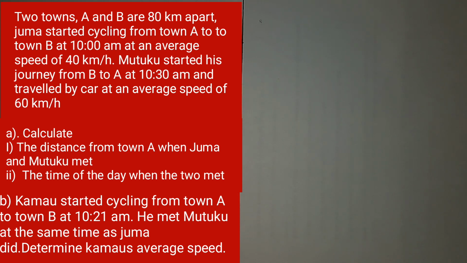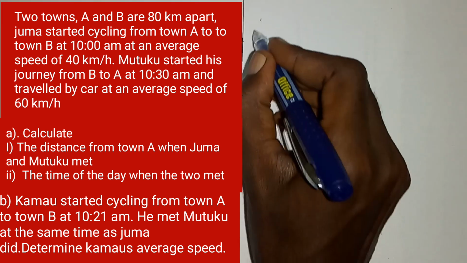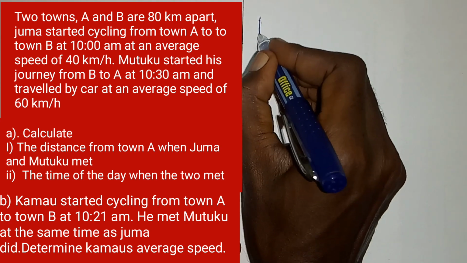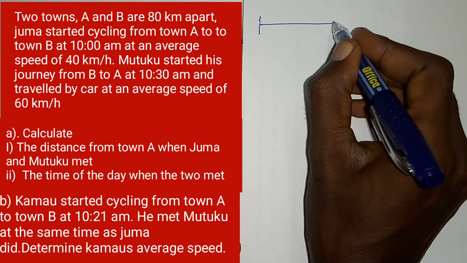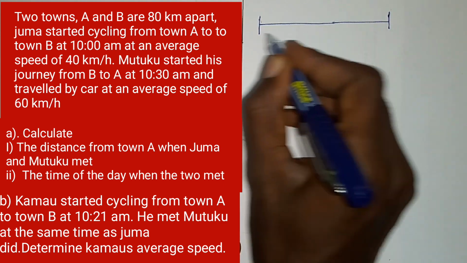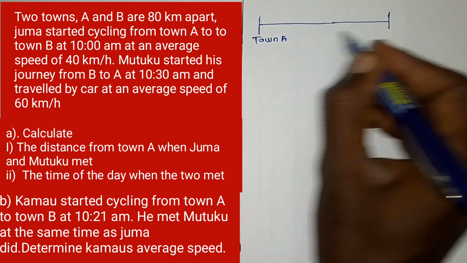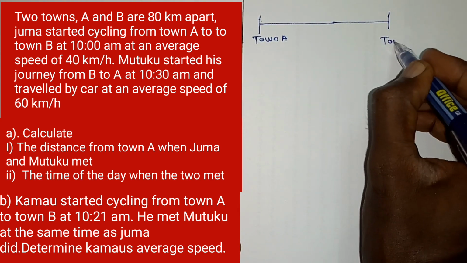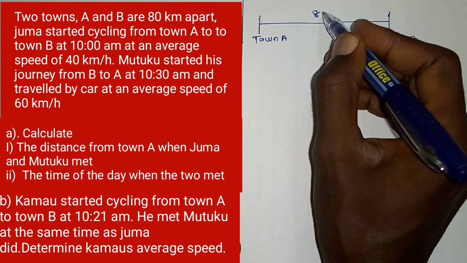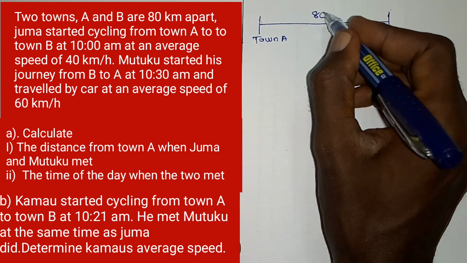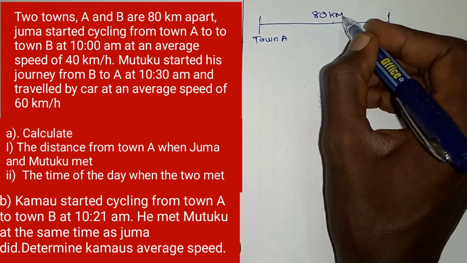In this case, let us draw first the distance. The distance from town A to town B is 80 kilometers.